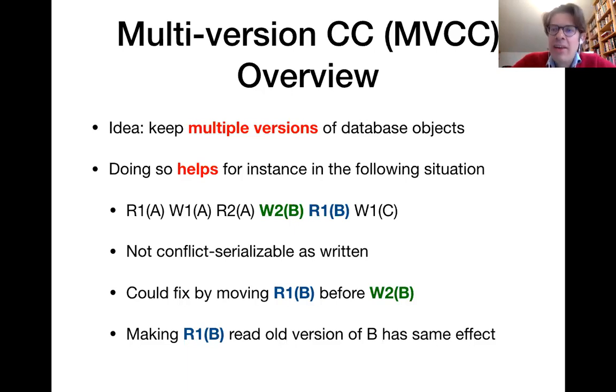Because this is the conflict that causes the cycle in the conflict graph, if we resolve it, we get a conflict serializable schedule again. That is the idea behind multi-version concurrency control: we eliminate conflicts by serving older versions of an object, which of course requires us to keep around those multiple object versions.